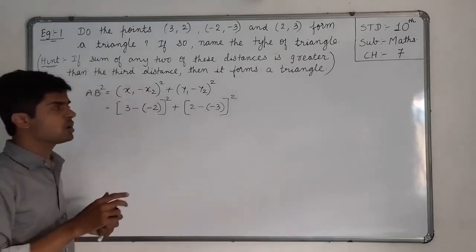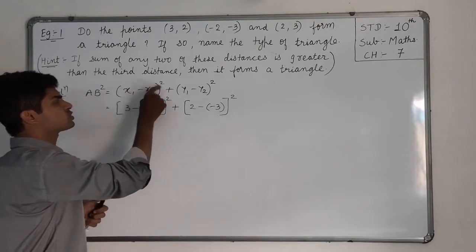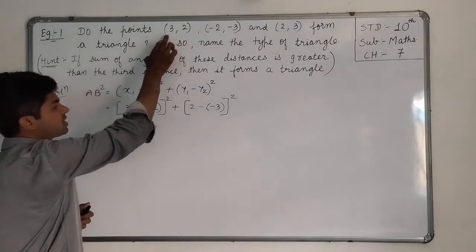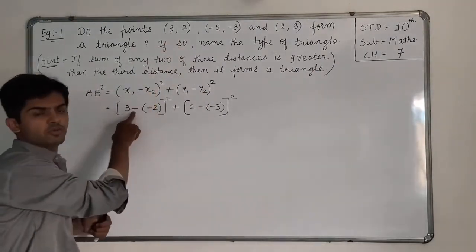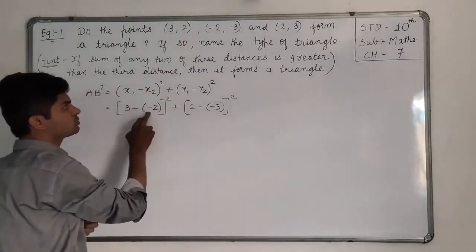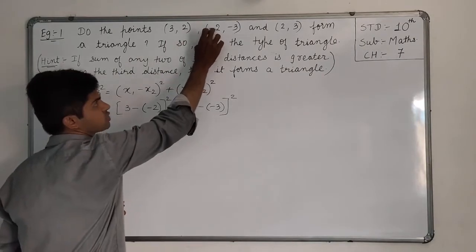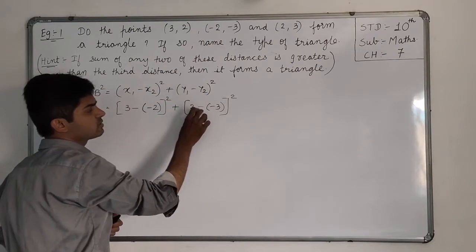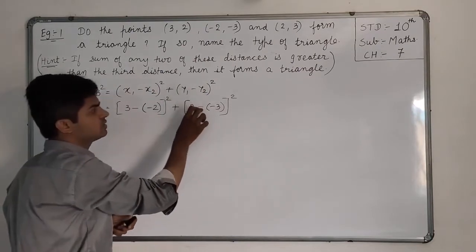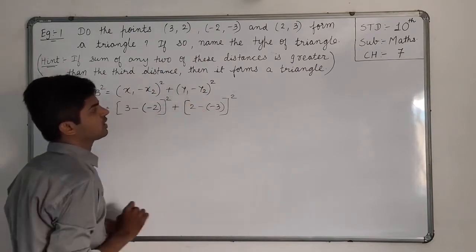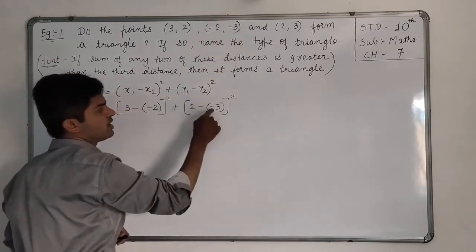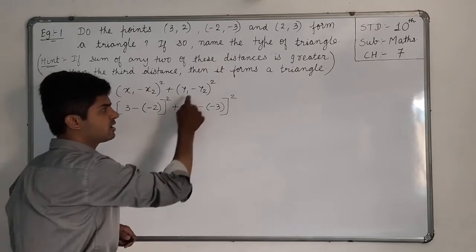Now I have already written here the AB square. We know the formula of AB square, (x1 minus x2) square plus (y1 minus y2) square. Put down the values. x1 means 3, minus is the sign of formula, x2 is -2, plus y1 is 2, minus फॉर्मूला की साइन, y2 is -3, so instead of y2 I have written -3 inside bracket and whole square.